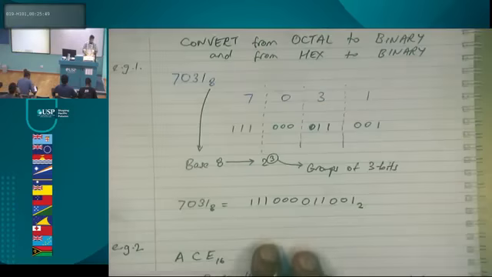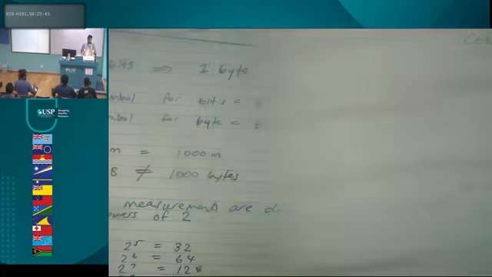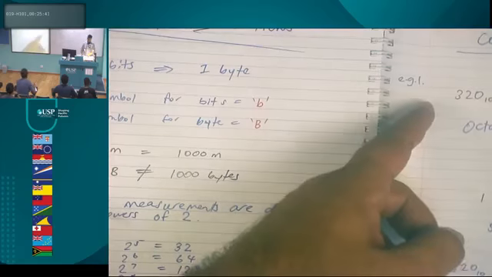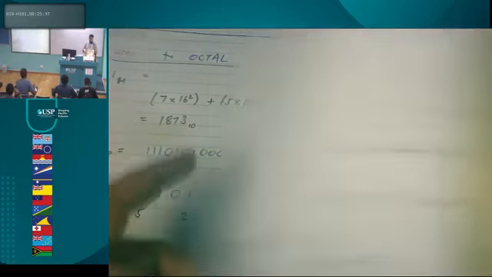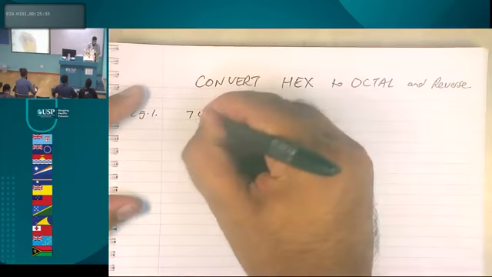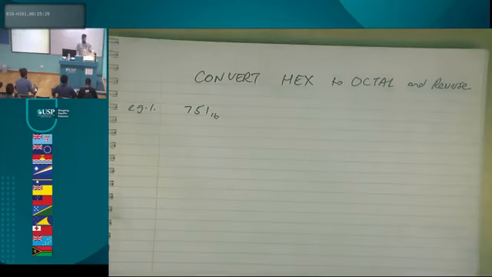What did we do earlier on? Somewhere over here. Right, this one, 751 base 8.